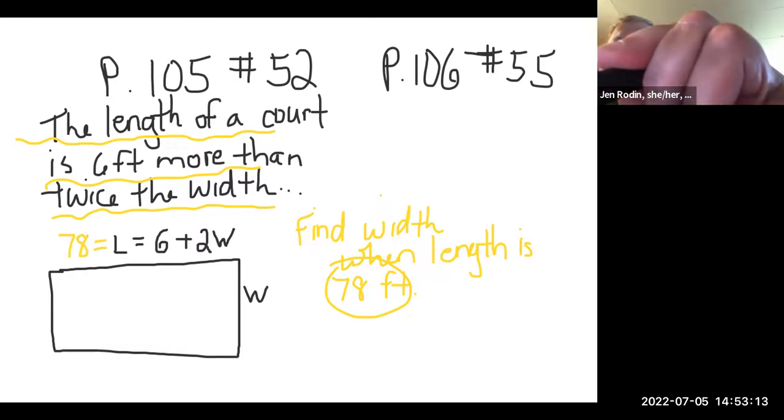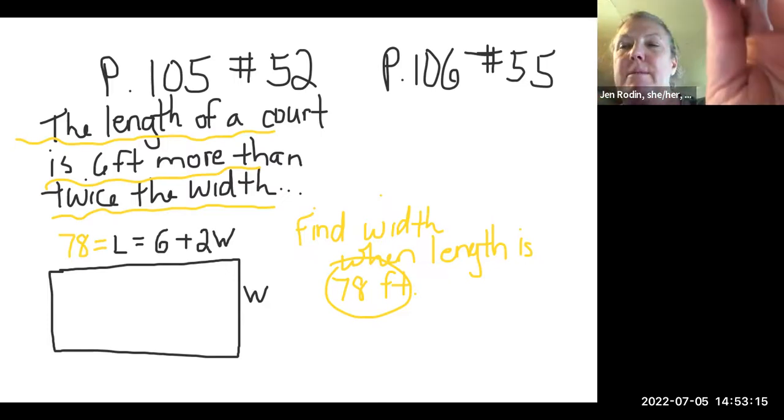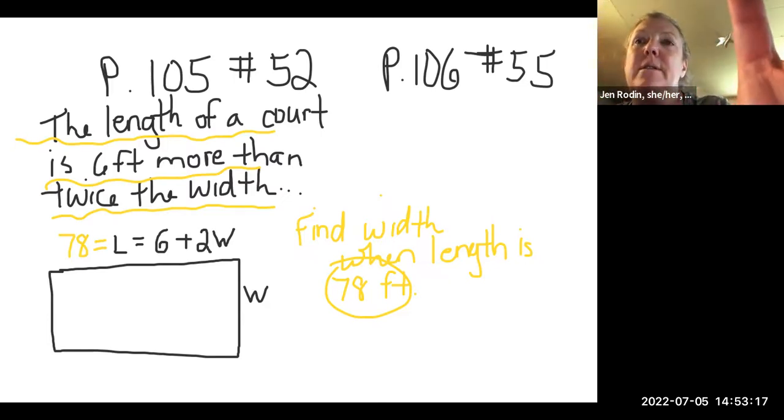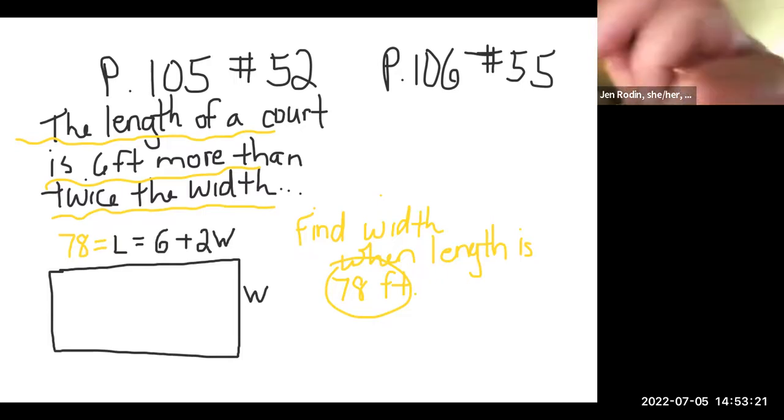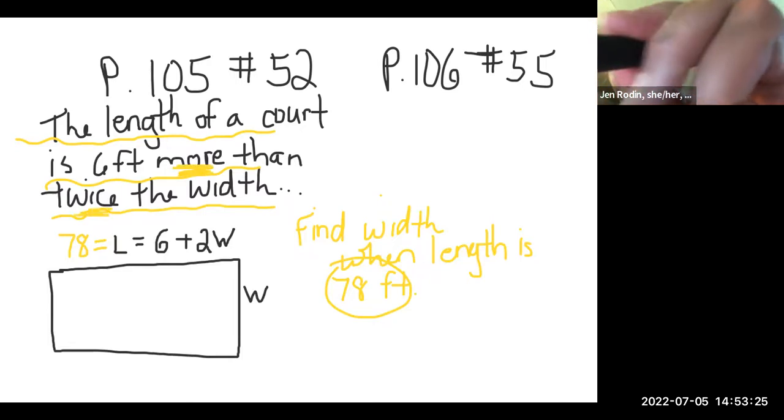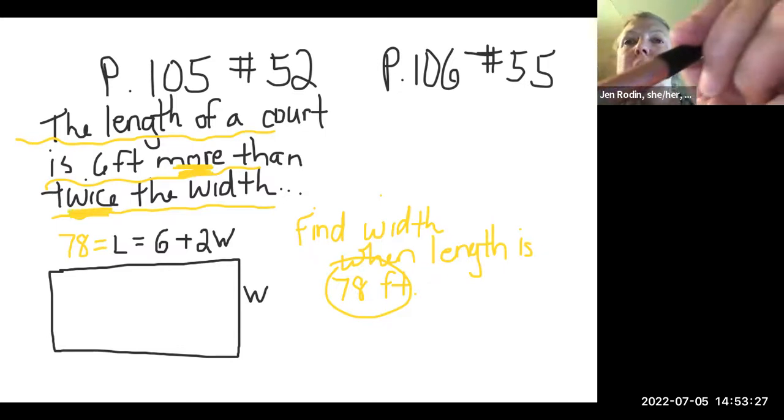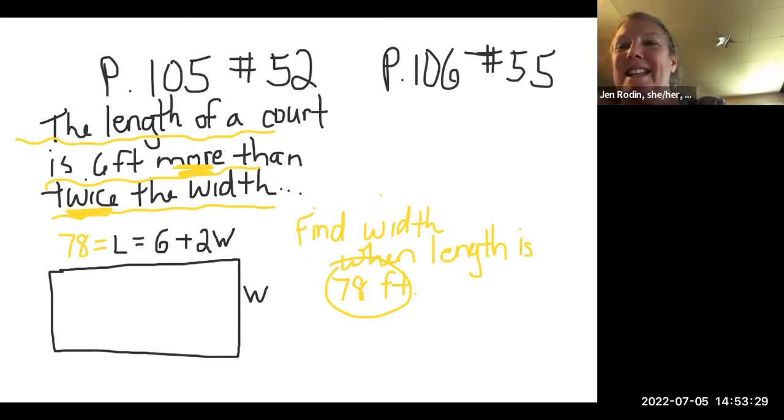Well, in this one, we figure out what we need to find, read it through a couple times, make a picture like I said, and make sure we've got the key words that are so important: more than is plus, twice is 2 times. And then we're going to set it up carefully in an equation.